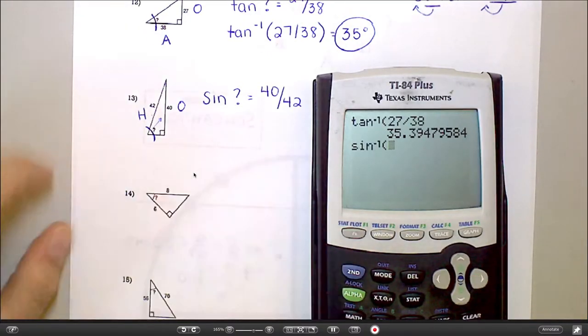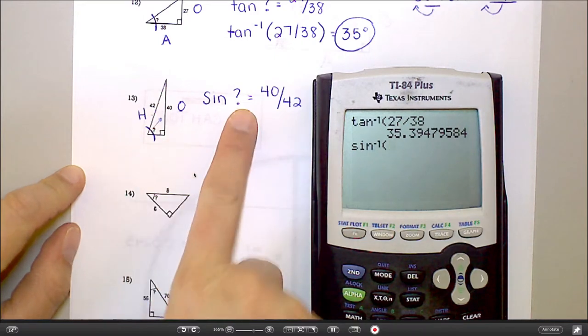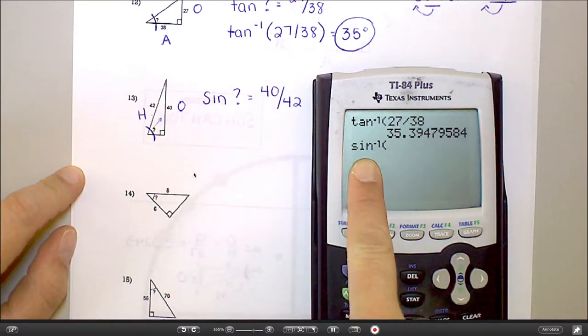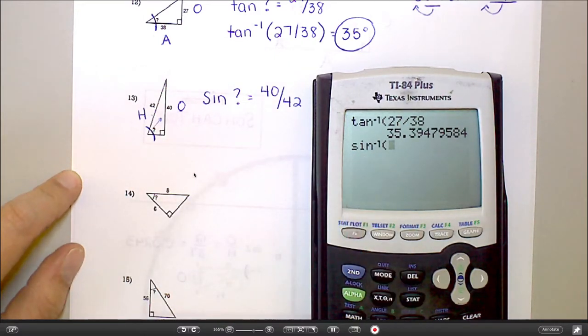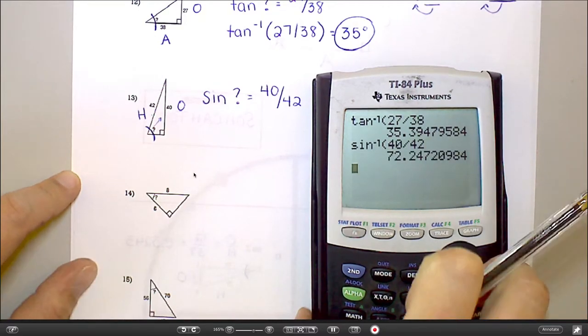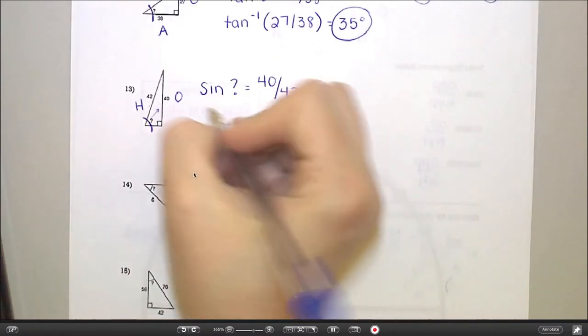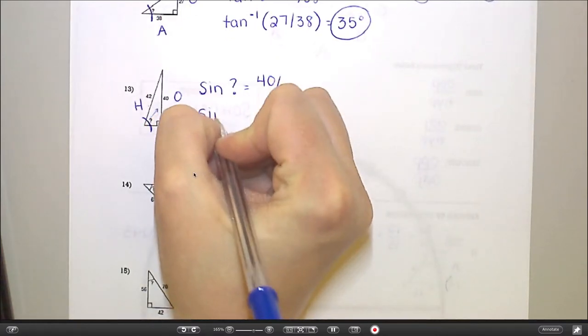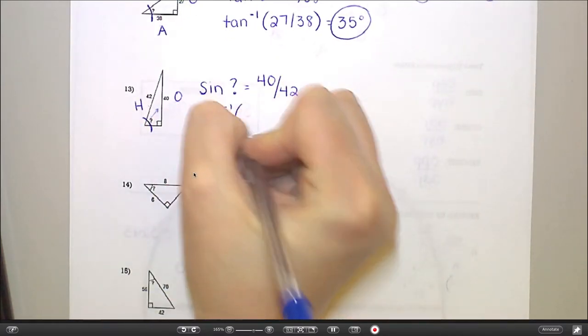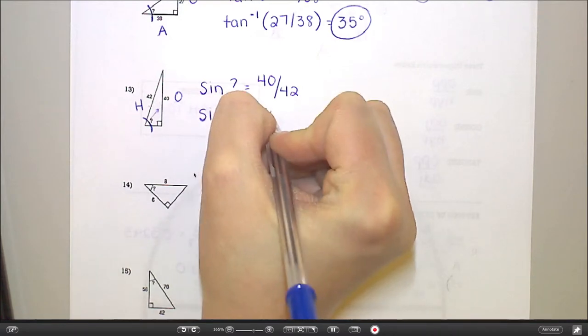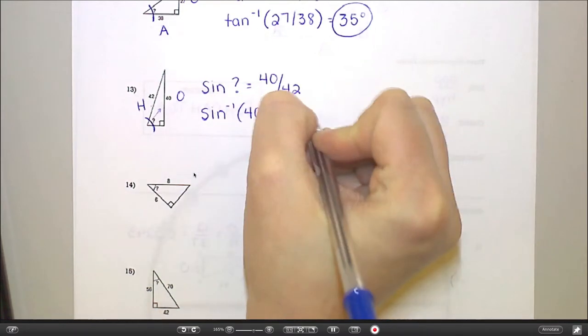Anytime you're looking for an angle, you're using the inverse trig. So second sine, oh, you guys are way ahead of me. Sine negative 1 of 40 divided by 42 is going to be 72 degrees.